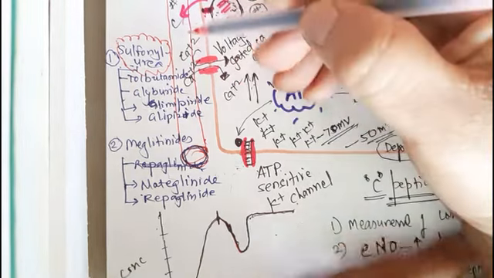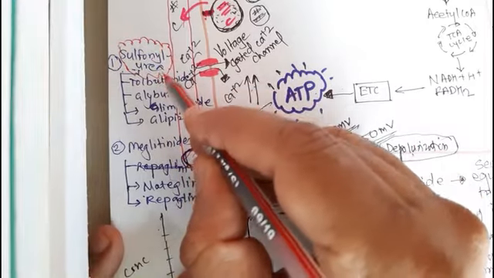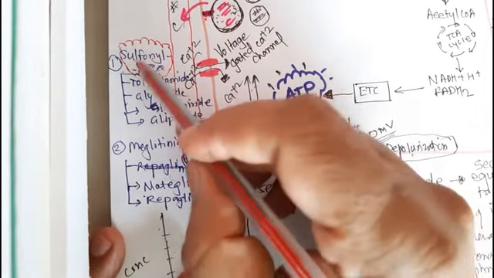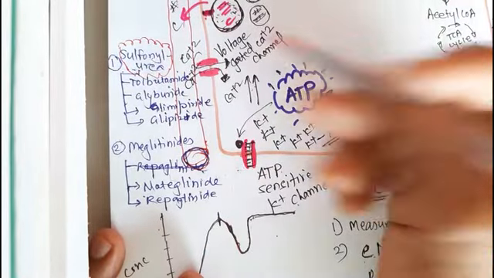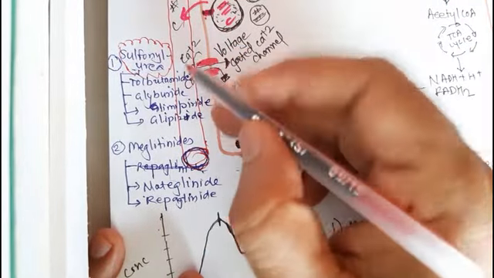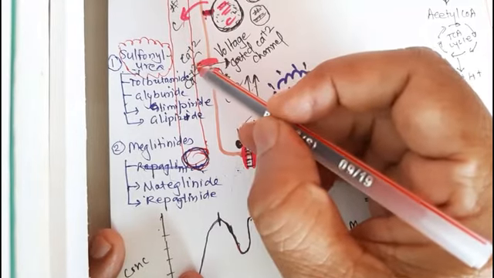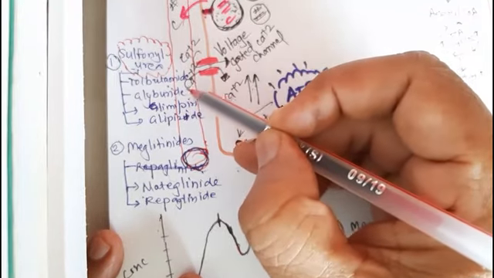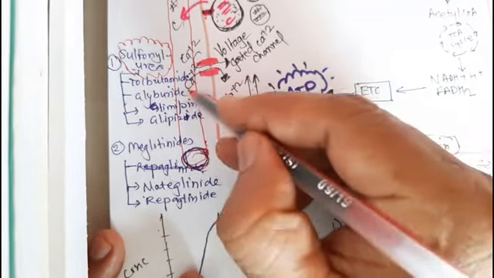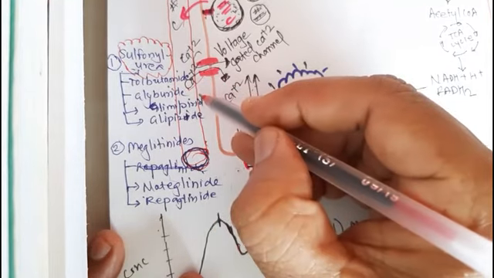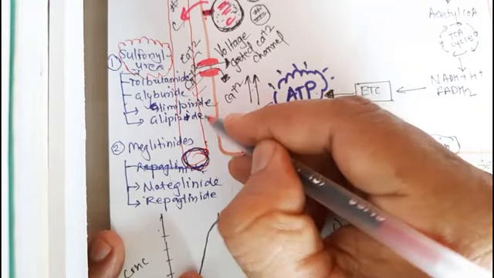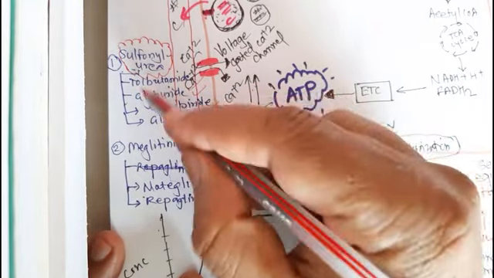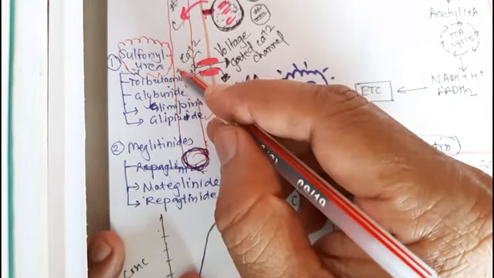So the first group of drugs is the sulfonylureas. Sulfonylurea is the first group of oral anti-diabetic drugs, which include tolbutamide, glyburide, glimepiride and glipizide. These are the drugs under the sulfonylurea group.